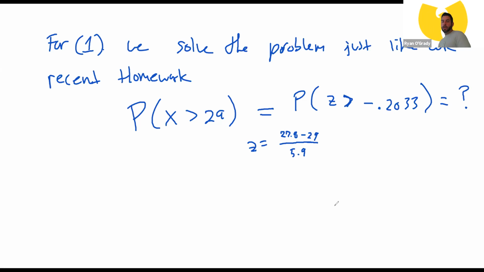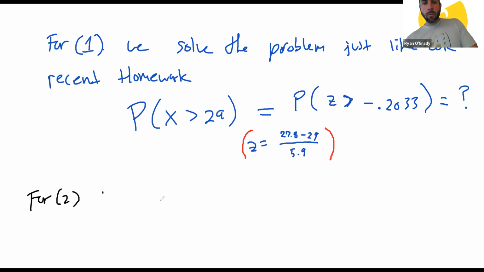Turns out this formula does not work when we're looking at sample means. It's not accurate. It doesn't work in theory and it doesn't work in practice. And so we need a different formula. And when I say formula, what I'm referring to is this transformation from X to Z. So for 2, we need a different formula.